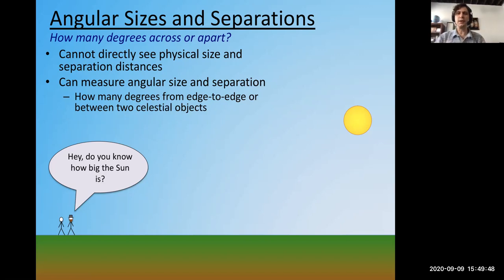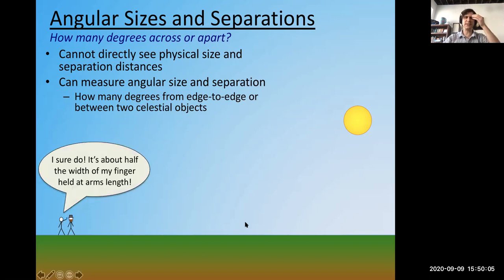So we can imagine 360 degrees spinning all the way around and measure how many degrees something covers in the sky. That's what we can measure: the edge-to-edge size of things, or the distance between two objects and how many degrees exist between them.